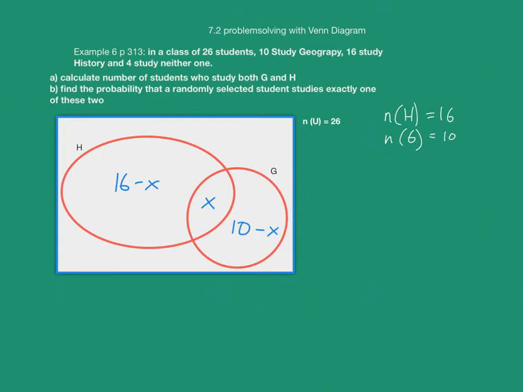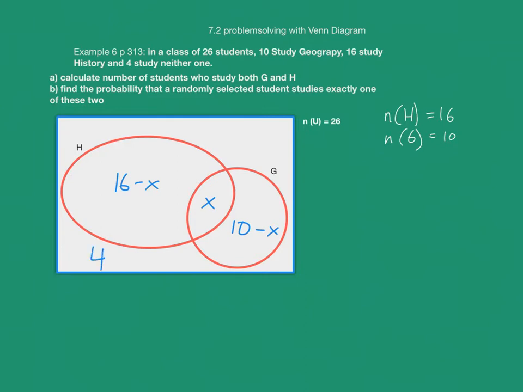And if we take 10 minus x and then we add x, we get 10. And we know that there should be 10 geography students. And the last bit of information we should put in is that we know that there are 4 students who study neither one. So we mark that with a 4 here.